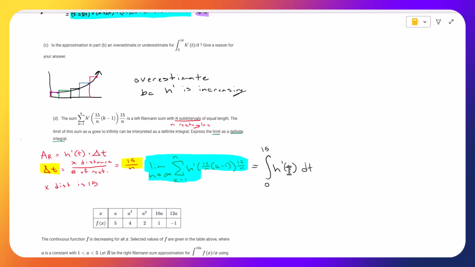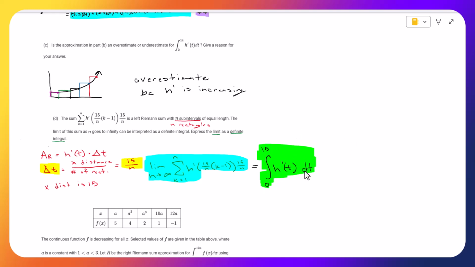And this right here, let's see, I've done yellow, blue, I haven't done green yet. This right here is your third point. And I want to be really clear, if you don't put this 0 to 15, if you don't put the prime on the h prime of t, if you don't put dt, you're not getting that point.